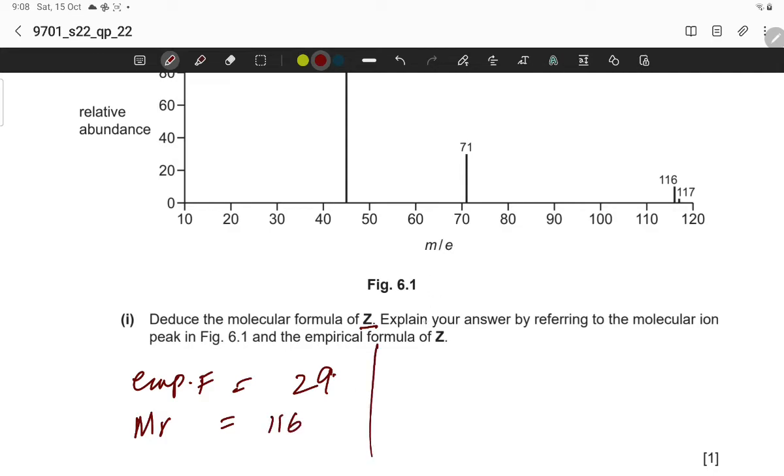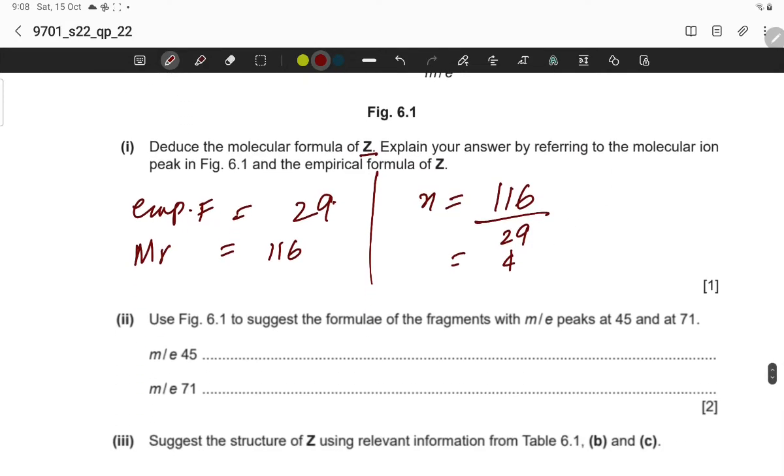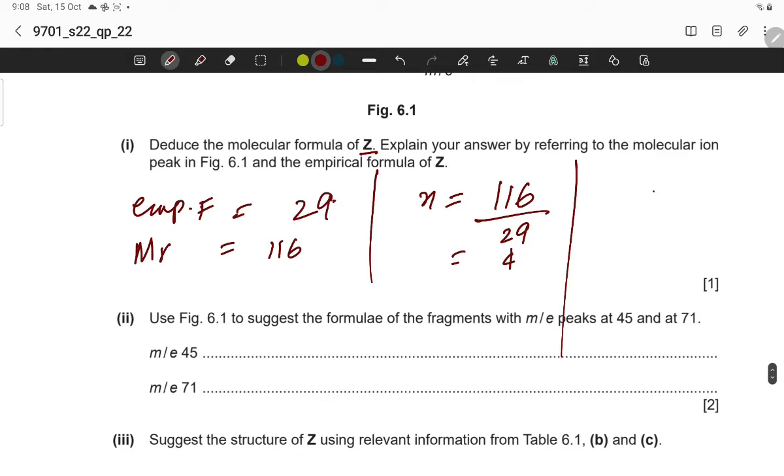So n is equal to 116 divided by 29, which is equal to 4. So the molecular formula will be CHO times 4. The formula is C4H4O4.